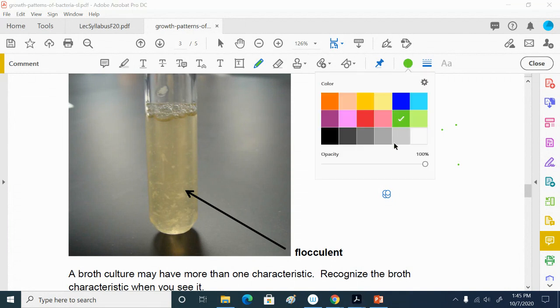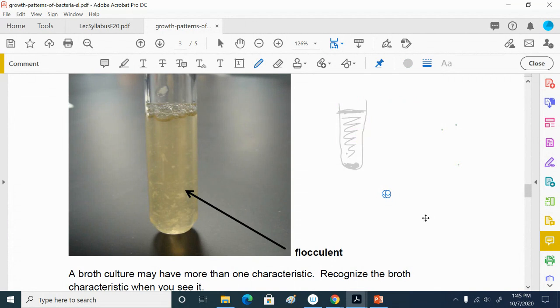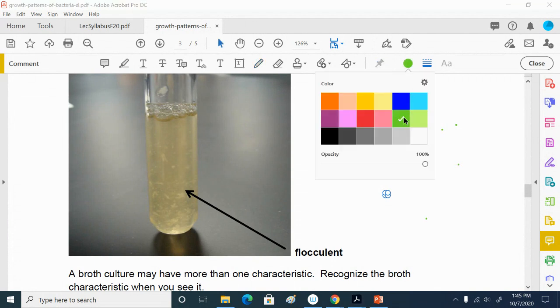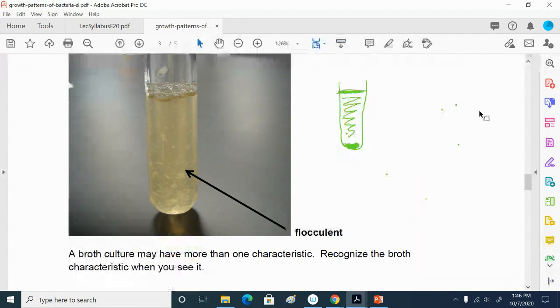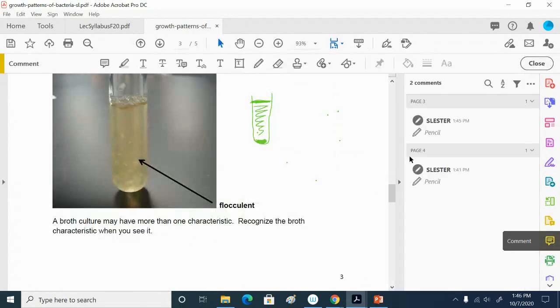Like I said, it's very hard to draw in a PDF, and my tablet doesn't want to respond. It's very tedious in a PDF.